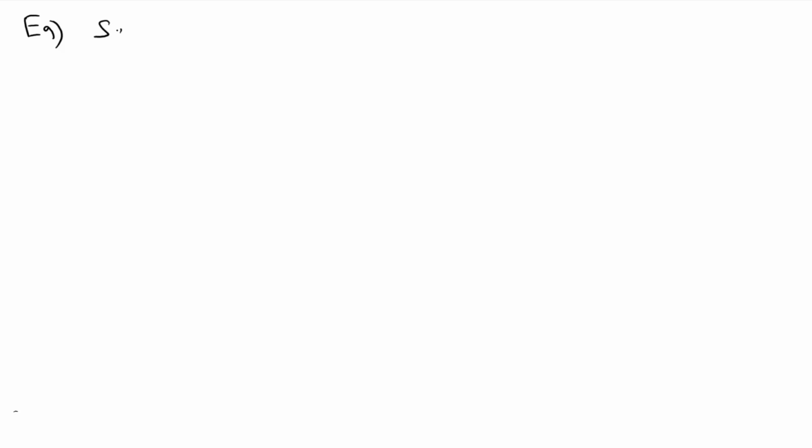So solve, let's say, x squared plus 1 times y double prime plus x y prime minus y equals 0. So let's do that. First, what are the singular points? Because we need to know where the solution exists.